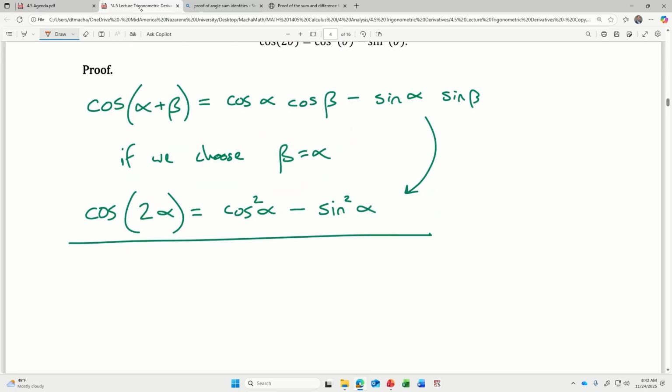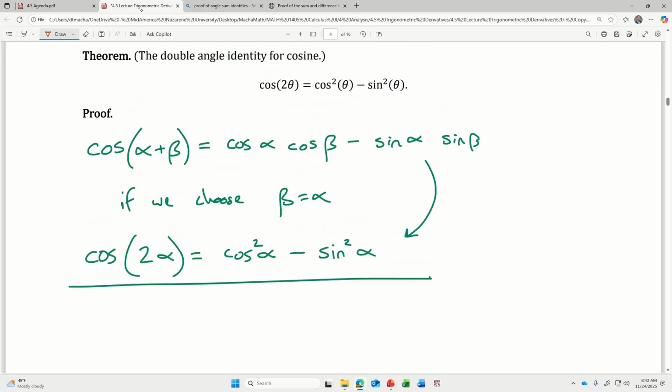Yeah. You can combine this with the Pythagorean identity, which says cosine squared of theta plus sine squared of theta is equal to 1, to do two different things, really. Number one, if I were to set cosine squared theta equal to 1 minus sine squared theta, right?